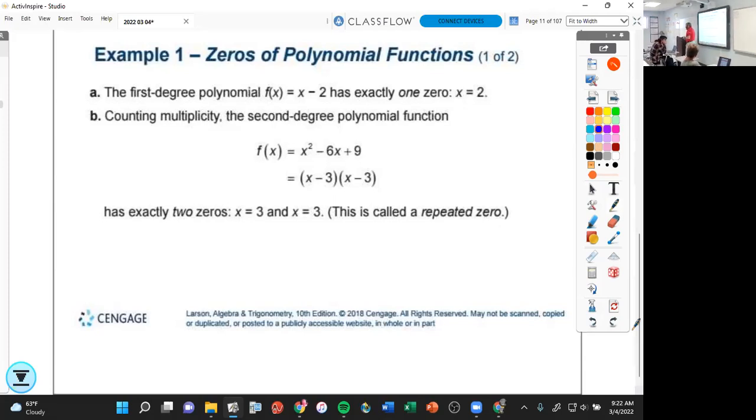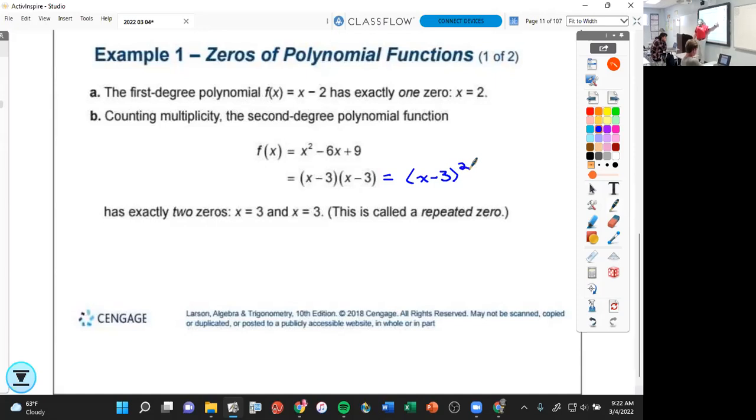Multiplicity. We haven't really talked about multiplicity. I've kind of thrown it in there from time to time. But multiplicity happens when the exact same zero repeats itself. F of x equals x squared minus 6x plus 9. How many zeros does it have? 2. This factors into x minus 3 times x minus 3, or we could write that as x minus 3 squared, telling me that this factor happens twice.